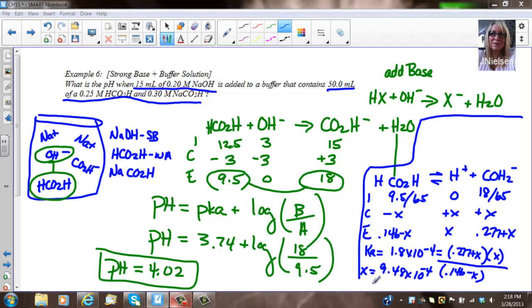That's going to give me a pH equal to 4.02.